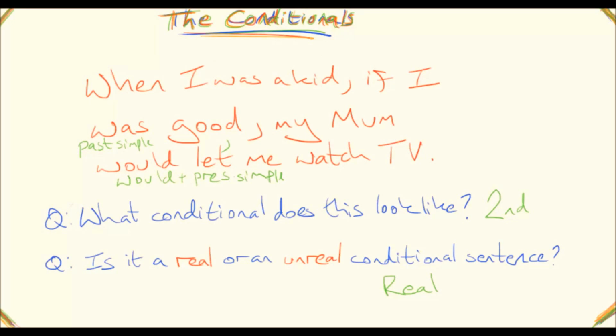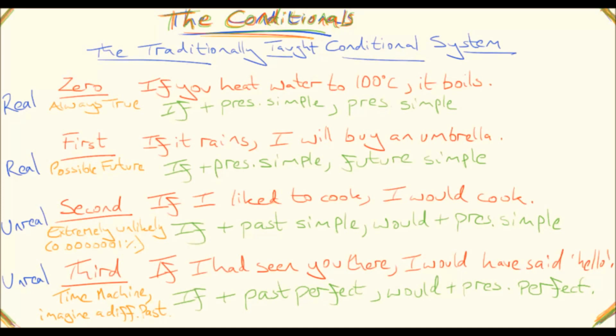And so that's exactly what we're going to do. What I want to encourage you to do is to take this idea of the traditional system and just put a big red line all the way through it.